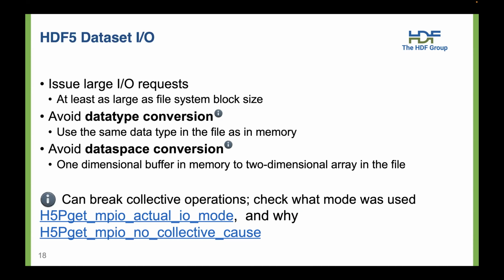You can monitor whether your writes or reads were collective or independent by calling this call here, which tells you what it actually used, and then you can find out the cause by calling this MPI call if it's not what you expected.